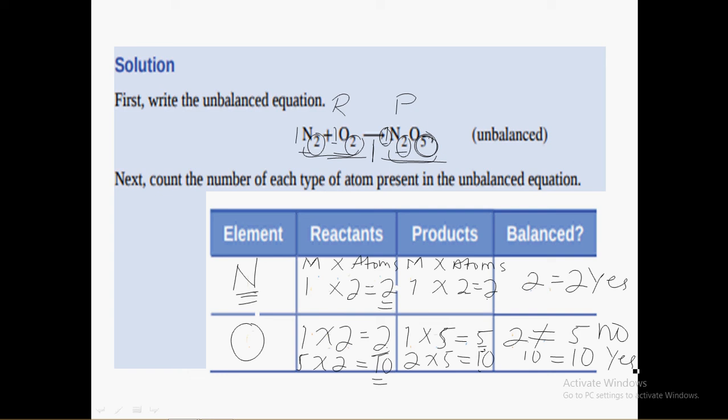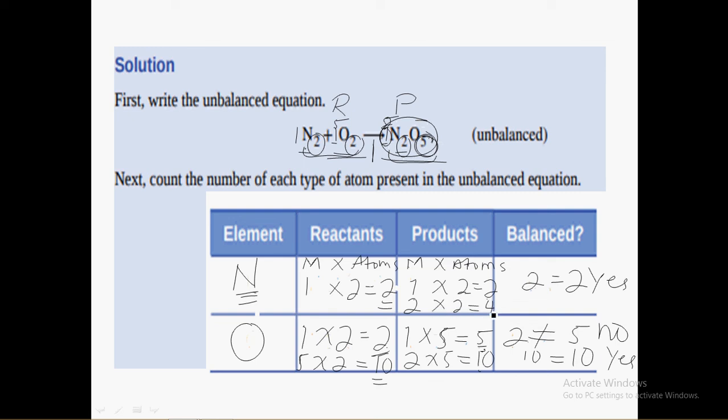We have to write here by 5 now, because if we write here 5 in oxygen, we write here 5 times 2, 10, and we write here 5. So we have to change here, not here, because they are separated. But whenever we write here 2, we write here 2, and also here by 2, because they are one compound.